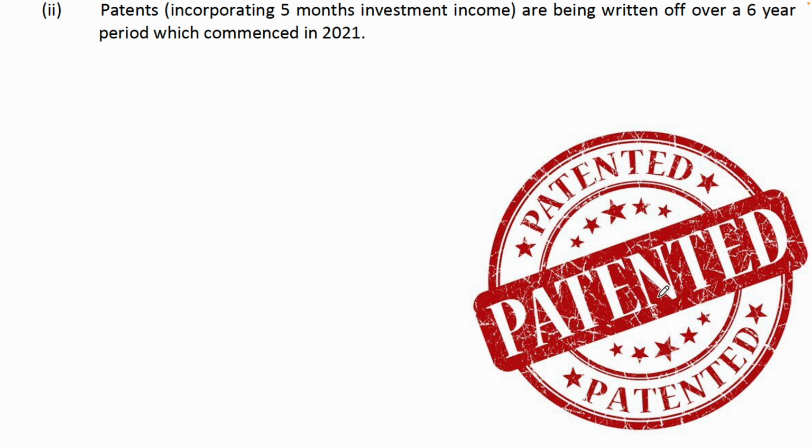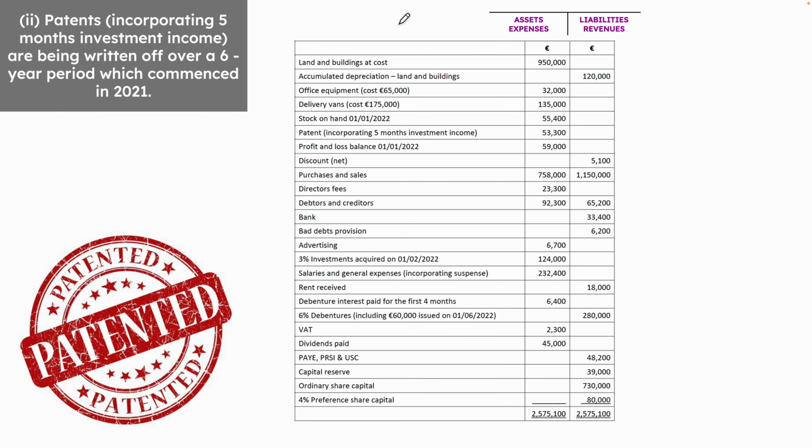All right, so why on earth is there 5 months investment income in a patent account? This is a bit silly, right? So the bookkeeper put investment income in the wrong place. Patents are an asset account, whereas investment income is a revenue account. So they put a revenue item in with an asset item. So it's completely wrong, okay?